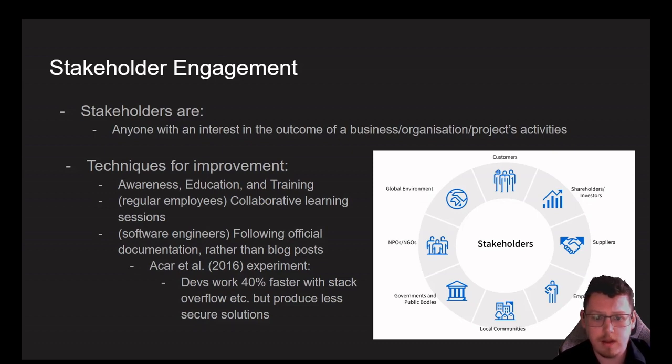It showed that using openly available resources such as blog posts and Stack Overflow, etc., developers were actually 40% faster at solving the problems when compared to the group that stuck to official documentation, but they tended to produce less secure solutions than the people who stuck to the official documentation. So that's an interesting example of the trade-off, and it goes to show that sometimes people and organizations will choose to just work faster and be more productive.